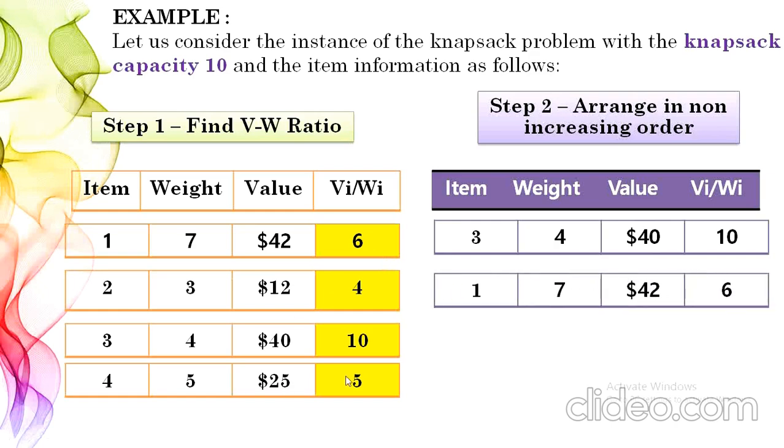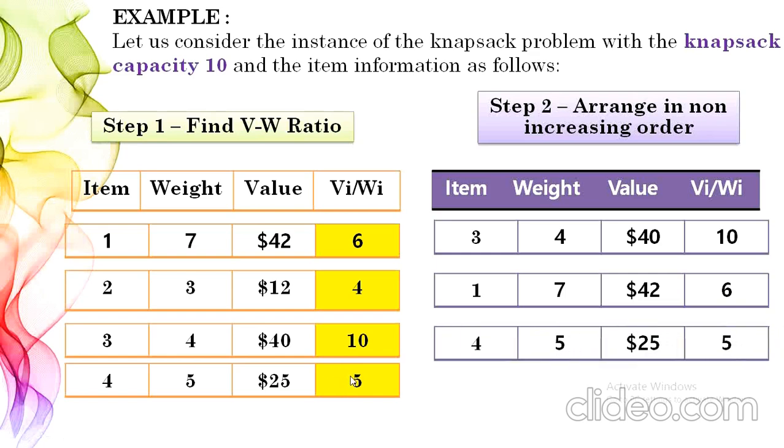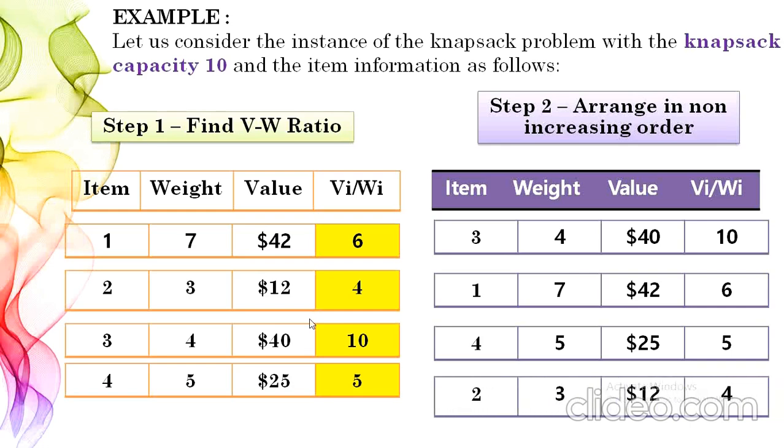The next maximum ratio is 5, so the fourth item will be placed in the third position, and the last one is the second item, which will be placed in the fourth position. This is our final input. Based on this sorted order, we need to take the items into the knapsack.